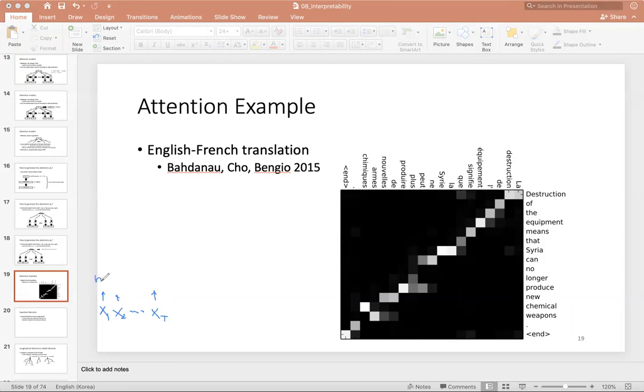Then you get H1, H2, HT, and then in the very, very early form of the encoder-decoder model, you get HT, and then you use this HT to decode.